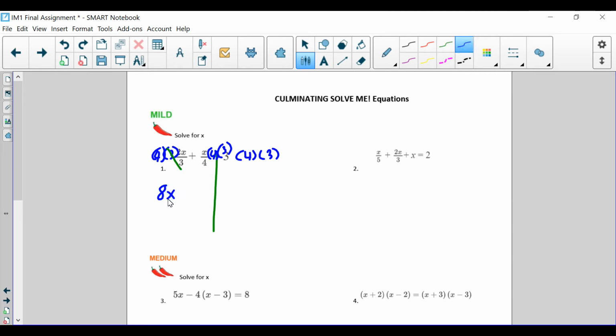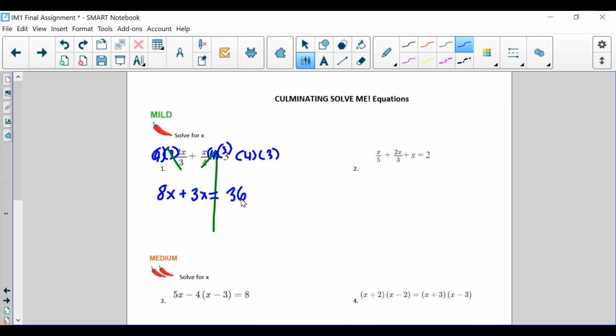We end up with 8x plus, with these guys canceling out, 3 times x, which is 3x, is equal to, we're going to go ahead and multiply. 3 times 4 is 12, times 3 is 36.